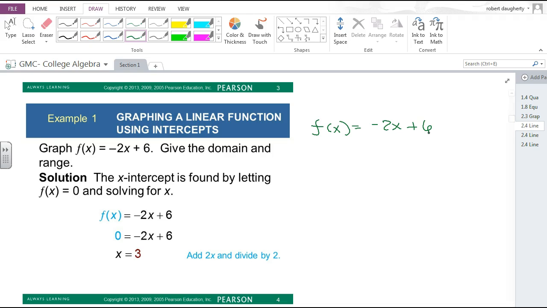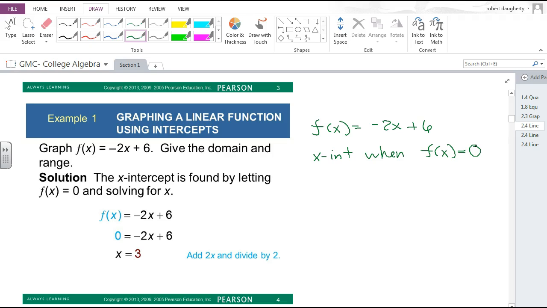Remember, you can find the x-intercept when f of x equals 0. Another way of thinking about that when you're graphing it: setting y equal to 0 gives you the x-intercept. Setting x equal to 0 gives you the y-intercept.